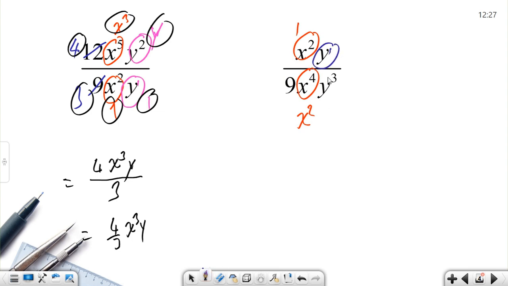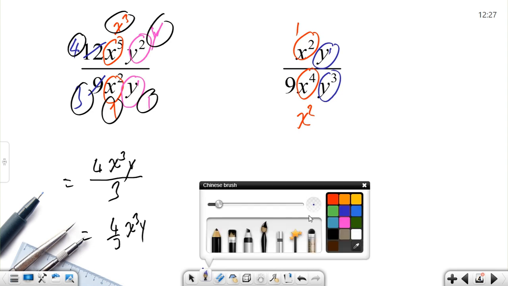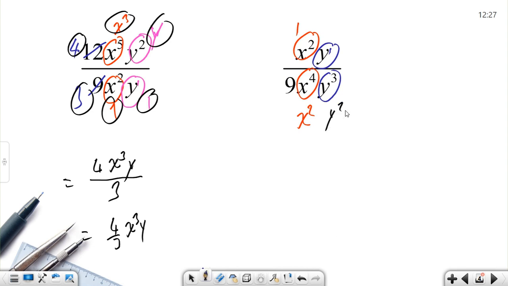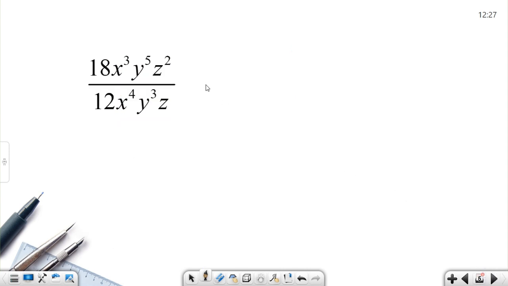Y to the power of 1 and y cubed. 3 minus 1 is 2, so y squared, and this will be 1. It is equal to 1 times 1, 1 over 9 times x squared y squared. 9 multiplied by x squared y squared. This is the simplest form of this division, the quotient of the division, you can say.